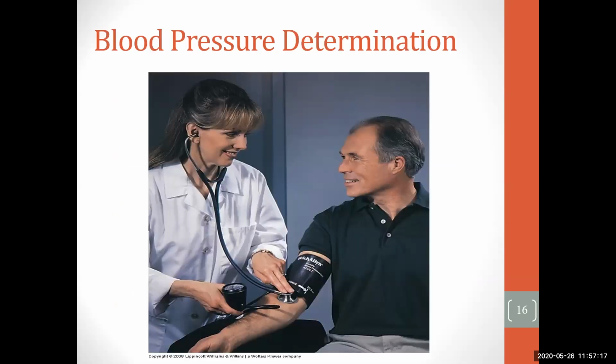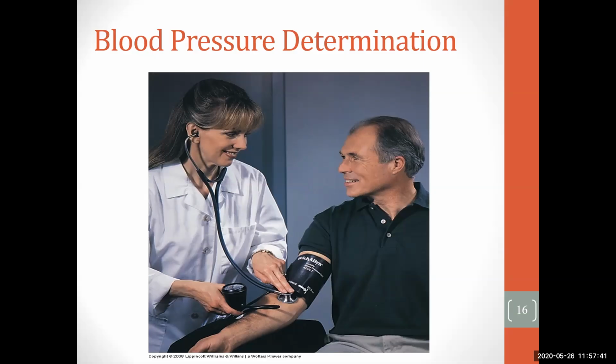Put the blood pressure cuff on, and there's an arrow on that cuff that should be lined up with the brachial artery. Then we pump up the cuff with that sphygmomanometer. We first do a little test, and when we feel the pulse go away, then we know how far to pump it up. It's read in millimeters of mercury.